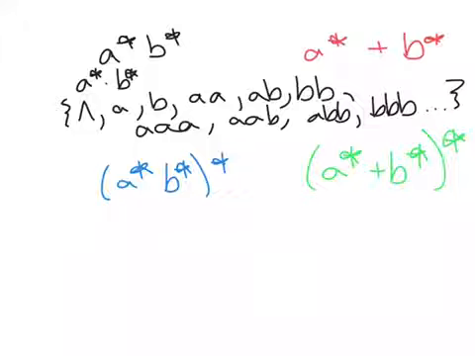Okay. On the other hand, if we talk about this one, A star, B star, star, right? What does this say? It says, do the same thing, but then mix it up some more, right? Take as many of these as you want. So effectively, I'm starring this giant thing, which means I can take as many of these in any order as I want.